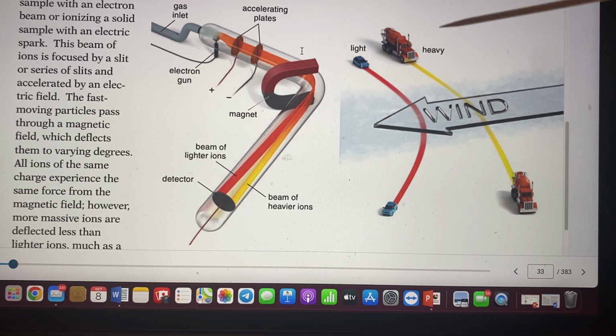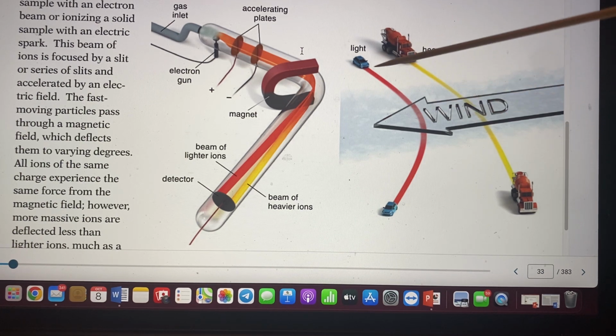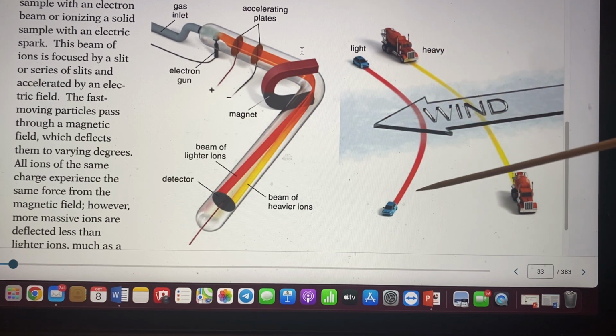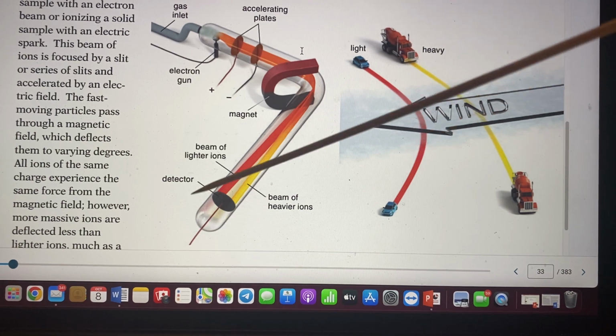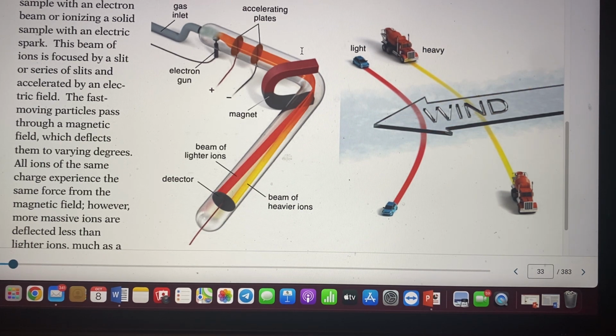Basically, if you have the wind blowing and you have a lighter car, well, the lighter car is going to turn more than the heavier truck, right? And that's how they figured this out with this mass spectrometer. Here's the picture: as they passed the particles through here, the heavier ones didn't turn as much as the lighter ones, right? That's how they figured this out.